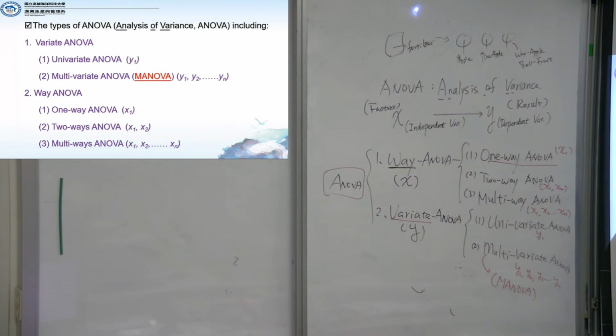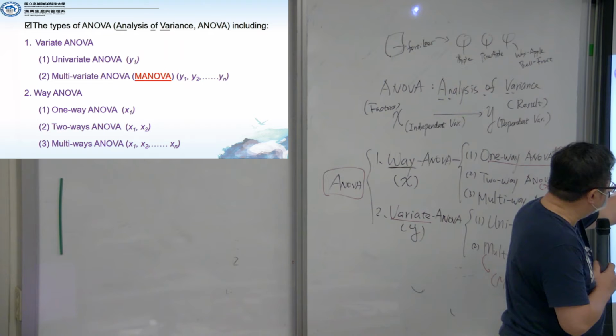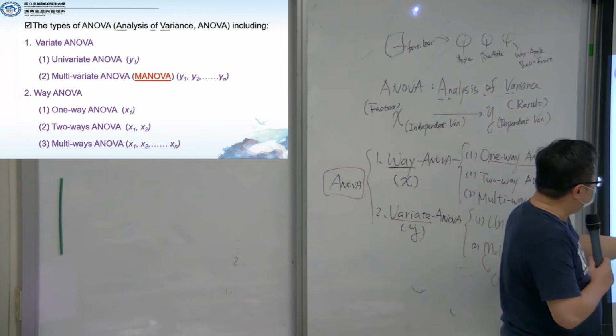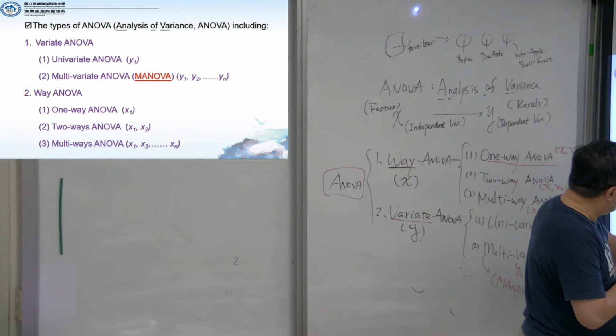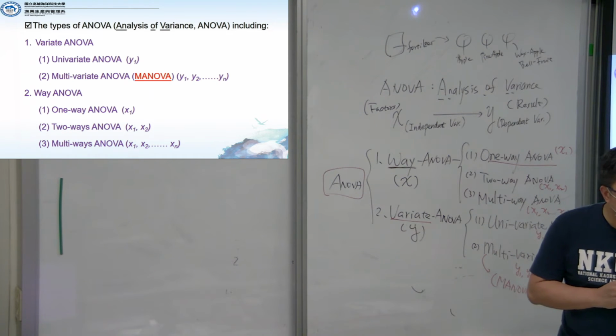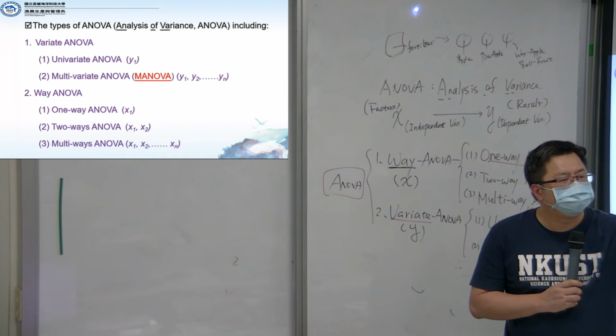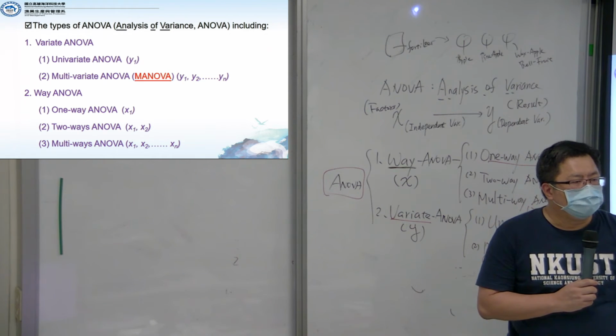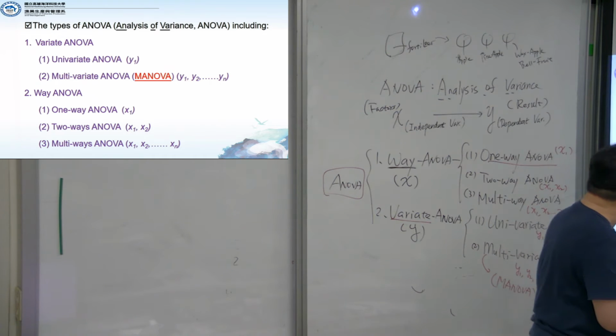Multivariate ANOVA, sometimes we call that MANOVA. MANOVA is what we want to study about the result of the dependent variable. Dependent variable includes more than two dependent variables. That is MANOVA. Way ANOVA, we are searching about the factor. Which method will be the better? That is what way ANOVA is. One way, two way, multi-way.